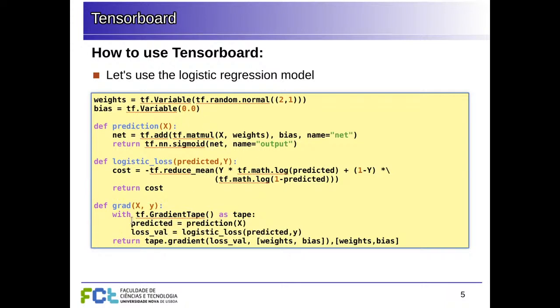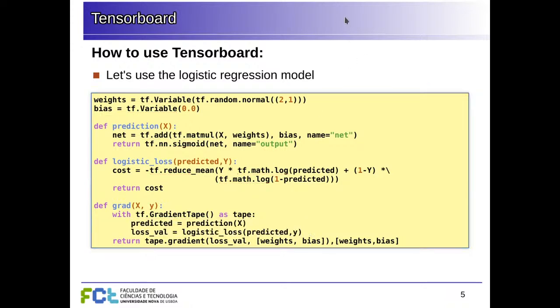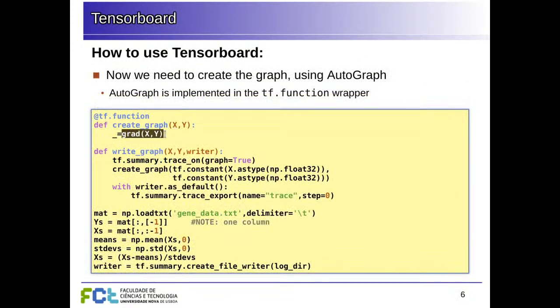But it's just a function that uses the complete computation graph from our model. And so if we run this function inside a function with this decorator, what TensorFlow will do is store this computation graph. So it will create a computation graph and we can write it to the log.